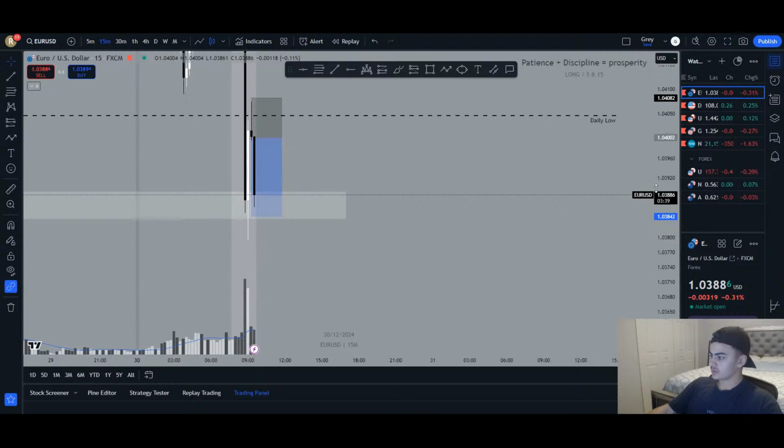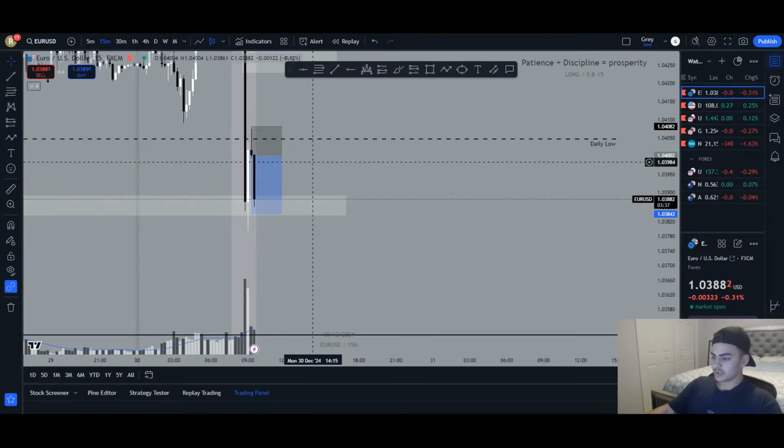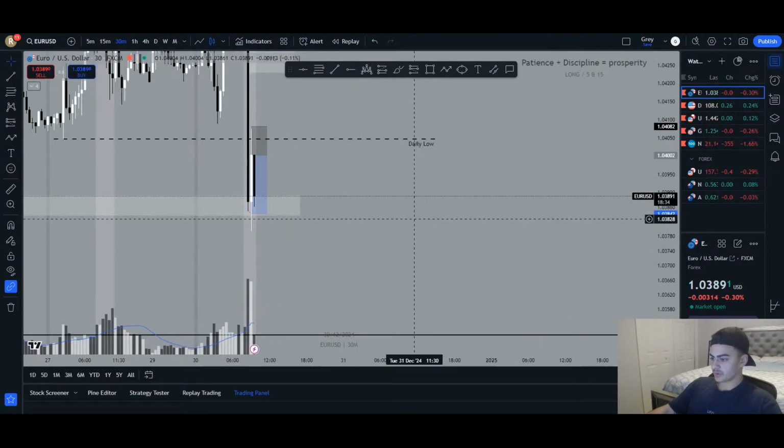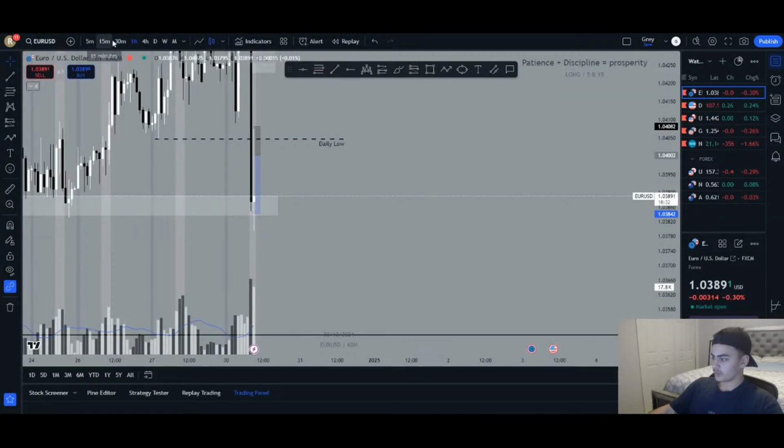4 minutes left for this candle though. Still didn't create a top wick. 15-minute, 30-minute, 1 hour.